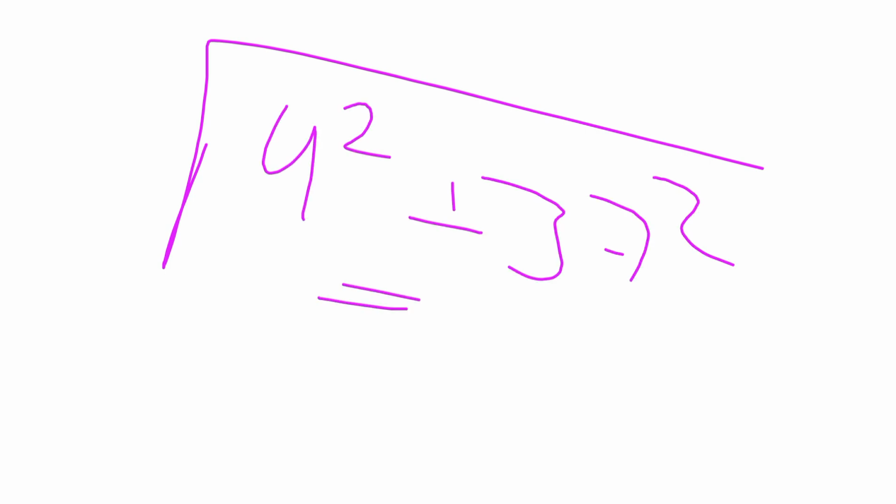Root 4 squared plus 37 squared equals 37. What is my i and what is my j? 37 is my j.